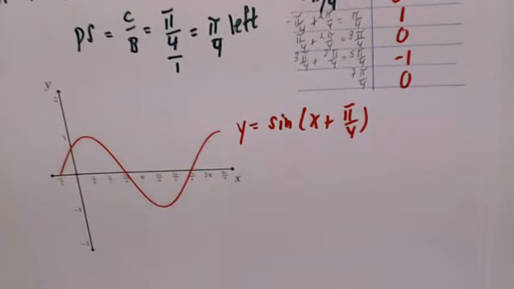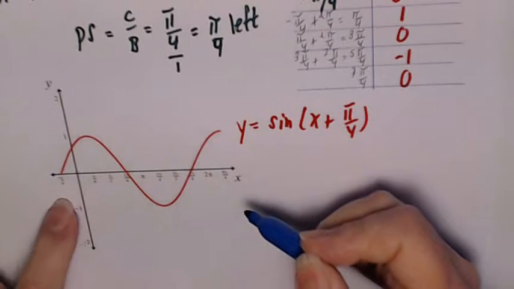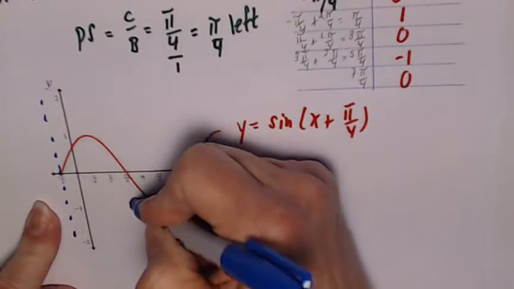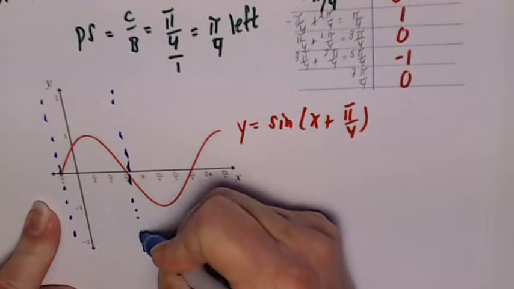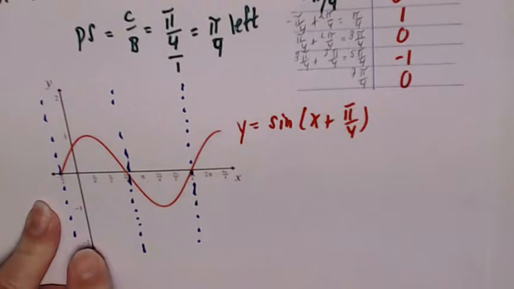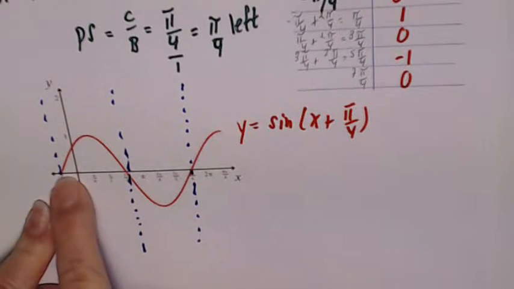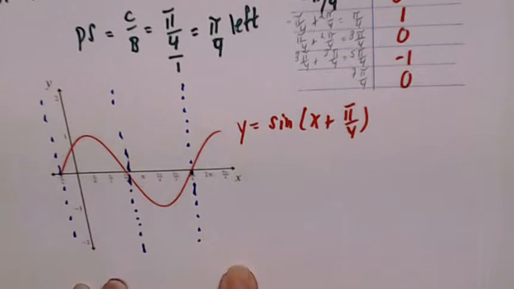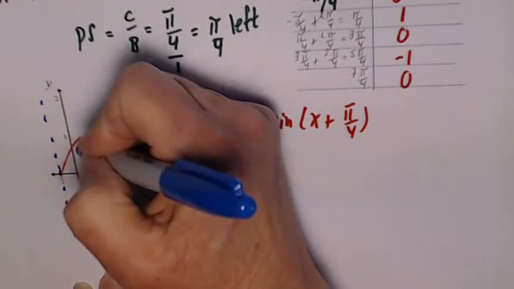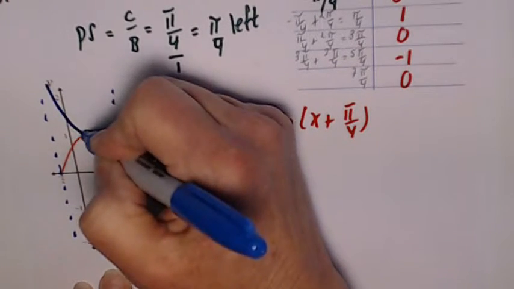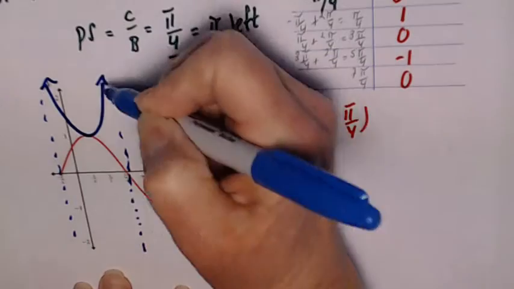What we want now is we want to generate the cosecant function. So every place that we have a 0 value here, we're going to have a vertical asymptote. These aren't terribly straight, but I don't want to take the time to haul out the ruler. So here we have vertical asymptotes. Sine is 0, cosecant, vertical asymptote. The other thing we have, at this maximum here for our sine, this is going to give us a minimum for our cosecant.